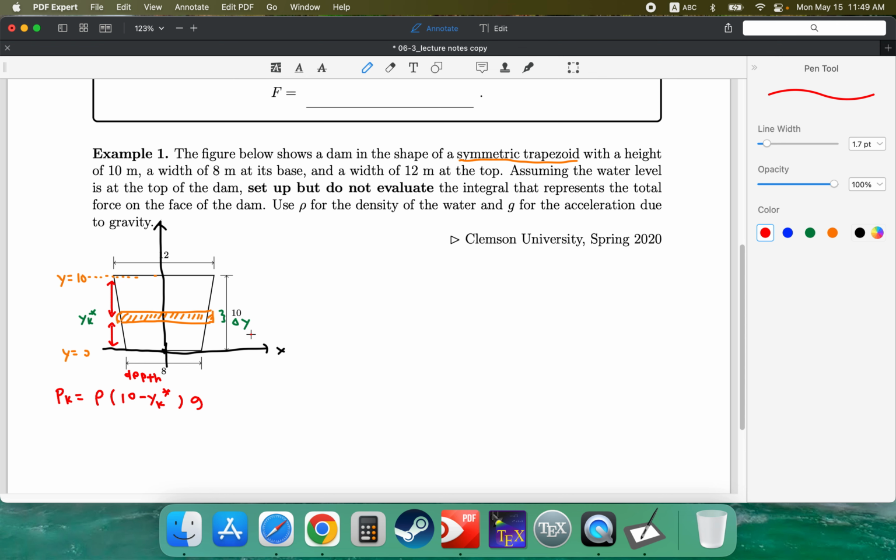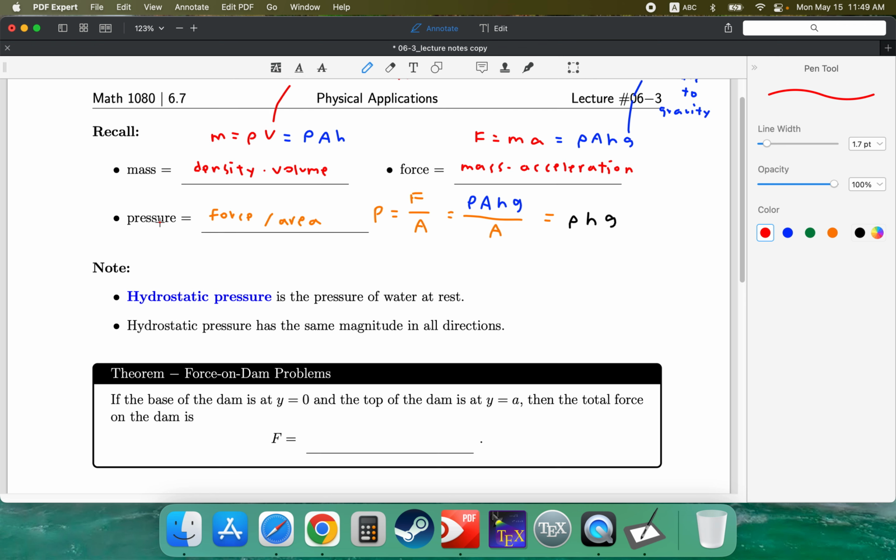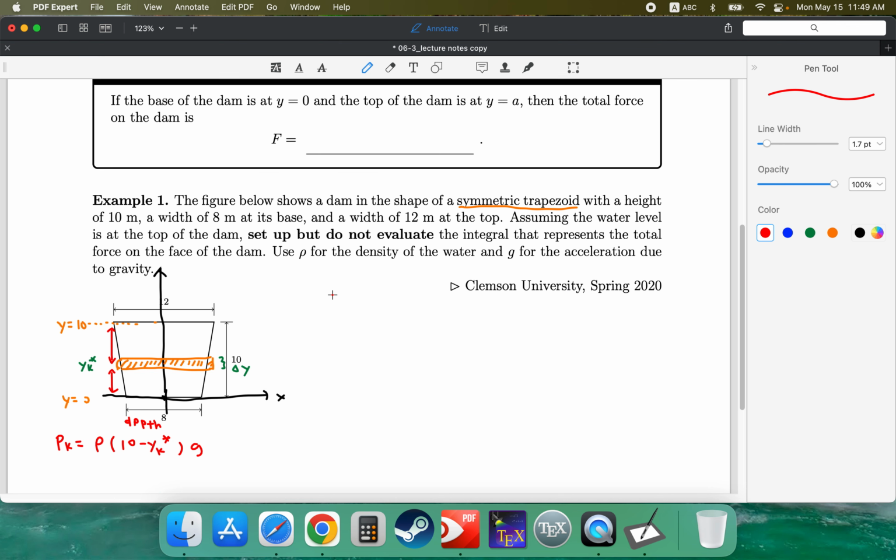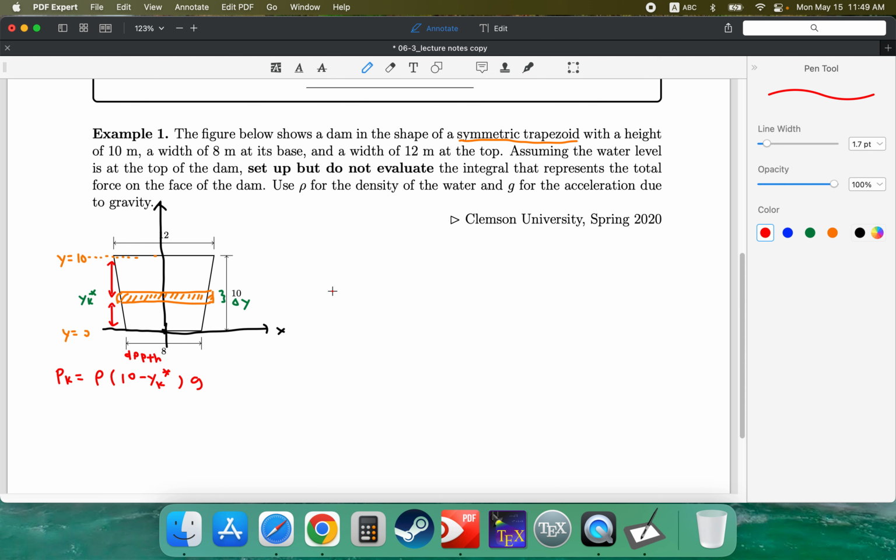Okay, and then we know that the pressure is force over area, P equals F over A. So to find the force, we can multiply the pressure by the area. So force equals pressure times area. So right here, force.